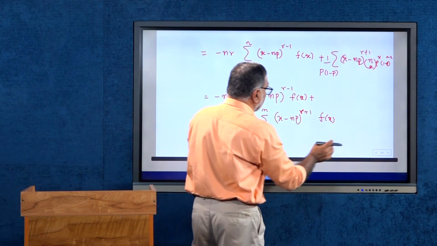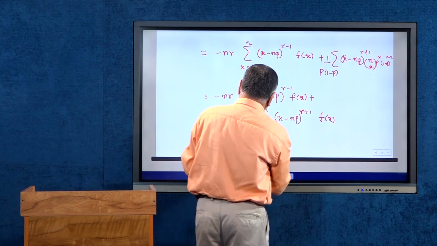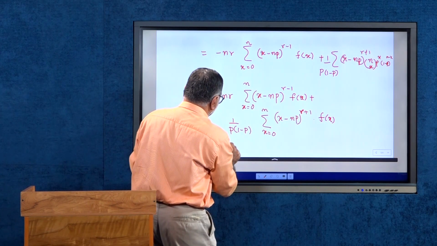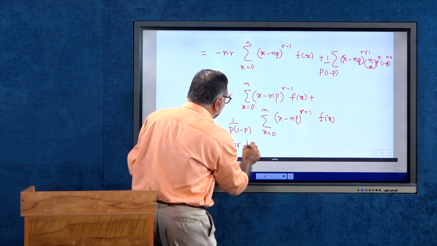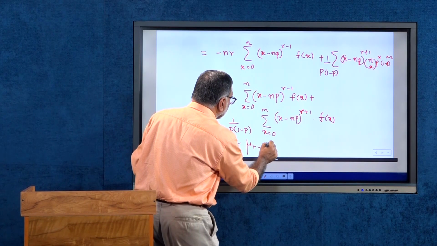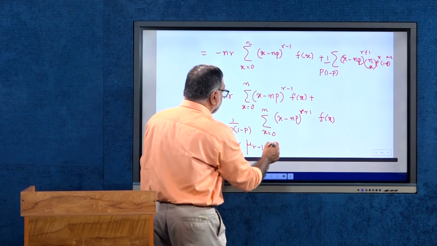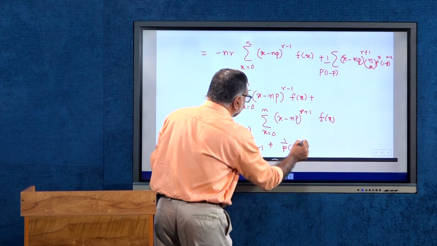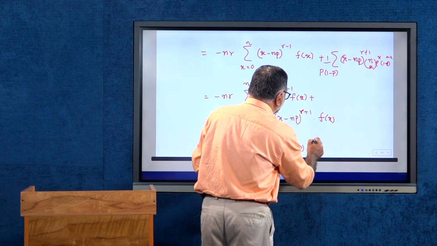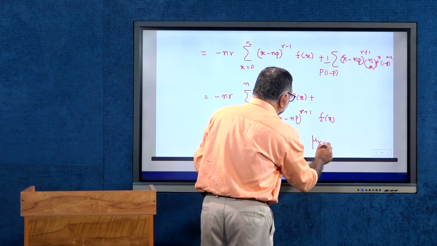We can write this as minus nr, this is nothing but mu r minus 1, but plus 1 by p(1 minus p), this is mu r plus 1. Why?